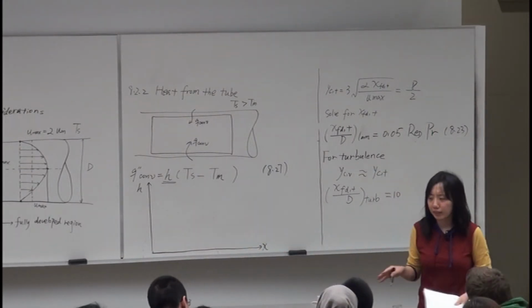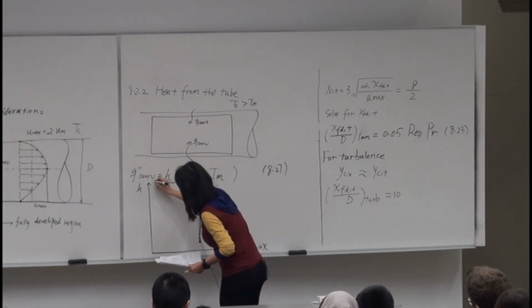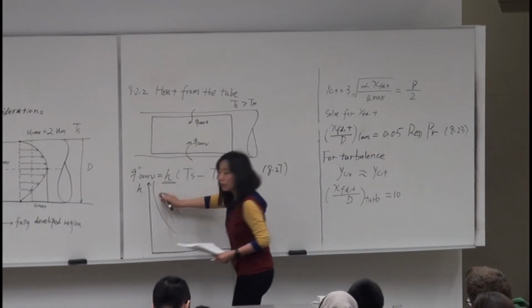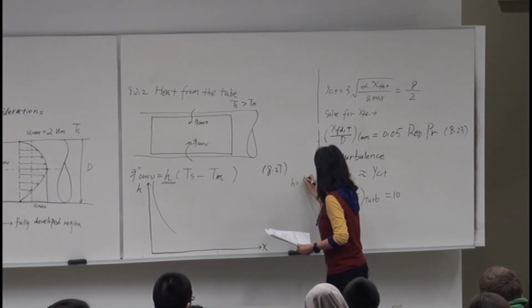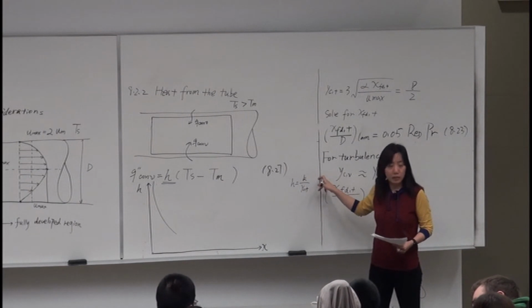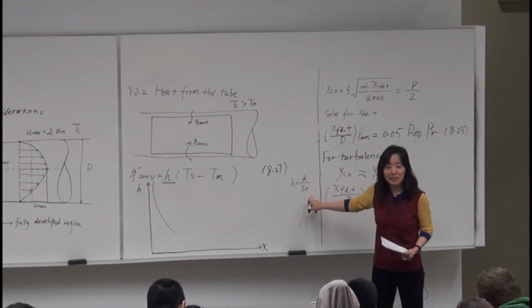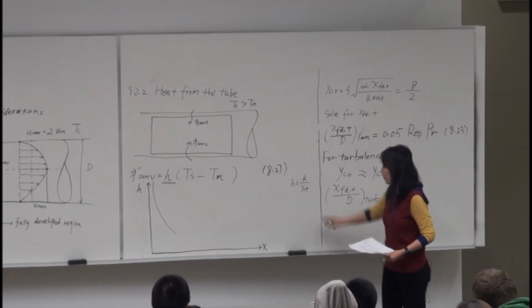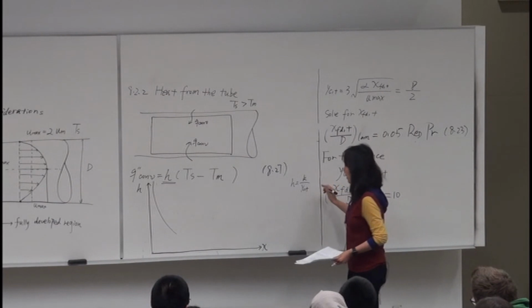Yes, qualitatively, you guys are right. It should decrease first, because, don't write it down, but in external flows, we learned h is a ratio of the conductivity over the thickness of the thermal boundary layer, right? The conductivity is almost the same.